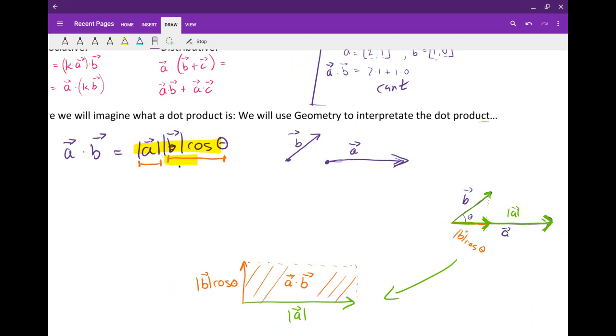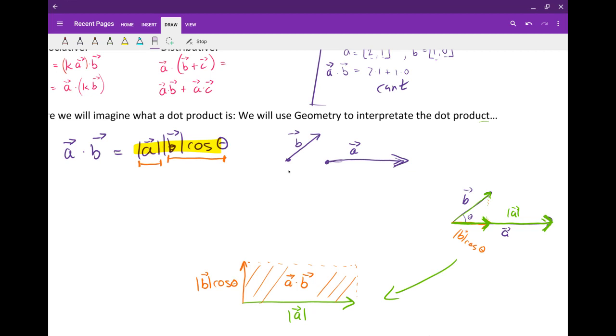If you break it into these sort of things here, I'm going to separate A magnitude, and then I'm going to write B cosine theta as its own concept. So that's what this orange underline is.